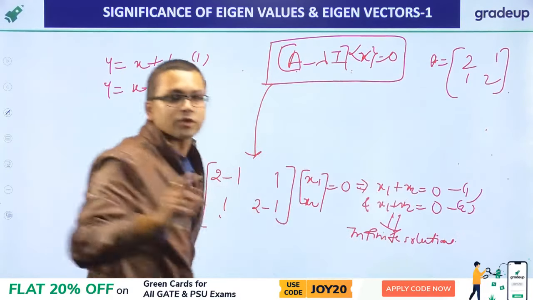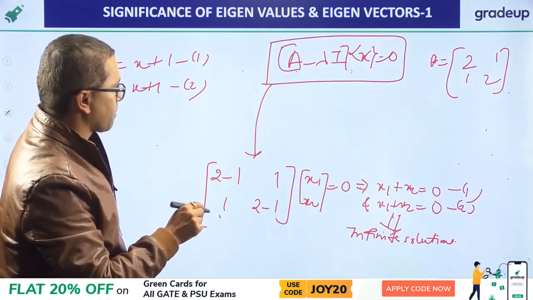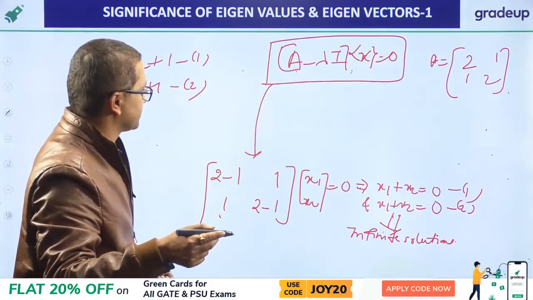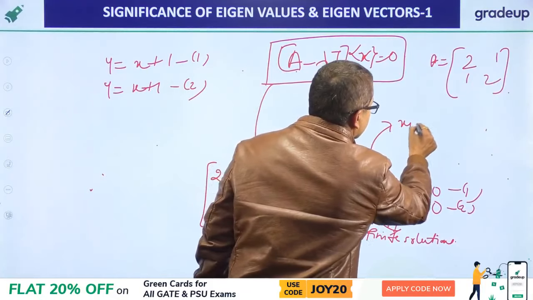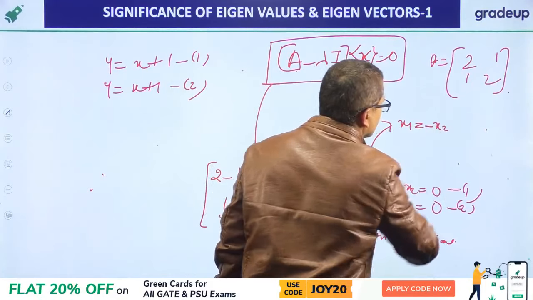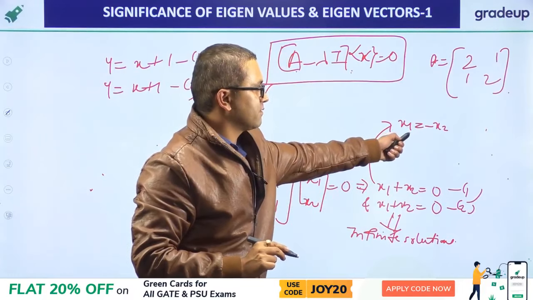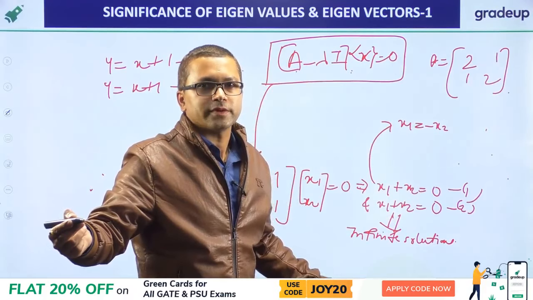Good, good, Akash, good. Okay, fine. Now, how do you calculate the infinite solutions? From this, we write x1 equals minus x2. Wherever this is satisfied, we have one eigenvector. All right.